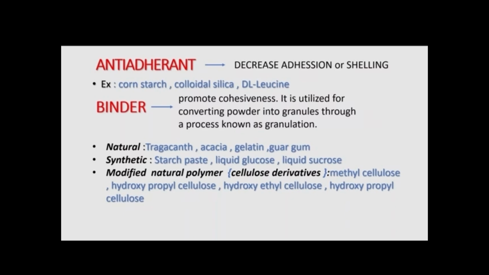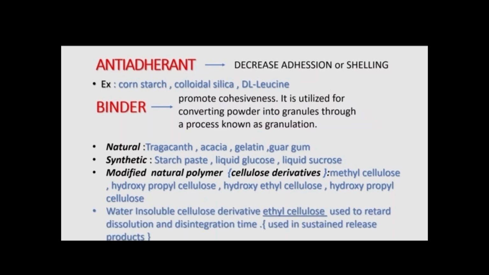These are modified natural polymers. Cellulose derivatives are methyl cellulose, hydroxypropyl cellulose, HPC, HEC, hydroxyethyl cellulose. Ethyl cellulose is used because we have to reduce the dissolution or disintegration time. Why do we need to do that?